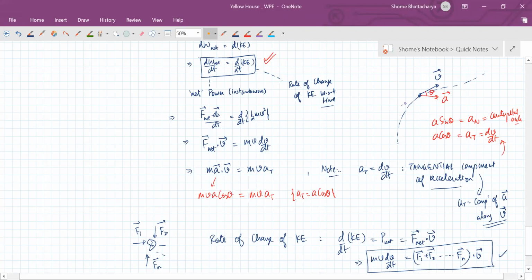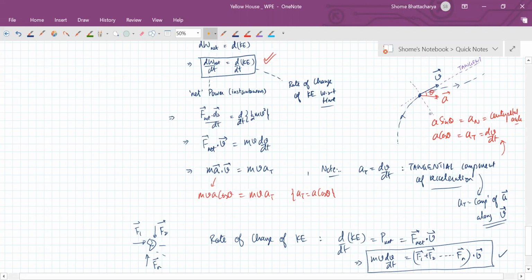The direction of instantaneous velocity at any point will be along the tangent to the path. If the particle's path or trajectory is like this, then whatever is the direction of the tangent, the instantaneous velocity is along that direction.